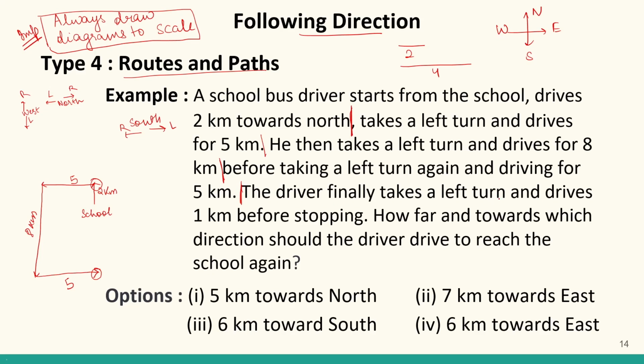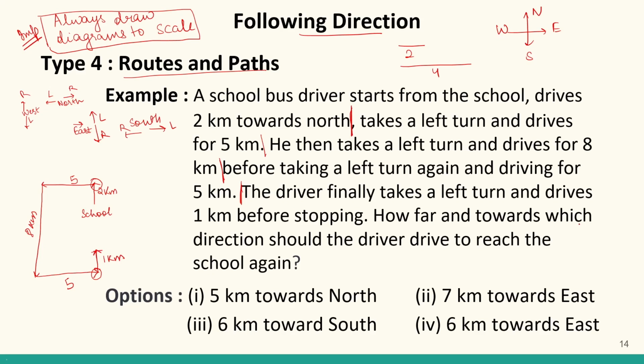Then the driver finally takes a left turn. So if we are facing east, this will be the right and this will be the left. So then the driver finally takes a left turn and drives 1 kilometer. So he took a left turn and he drove for 1 kilometer before stopping. Then he stopped. At this point, he stopped.